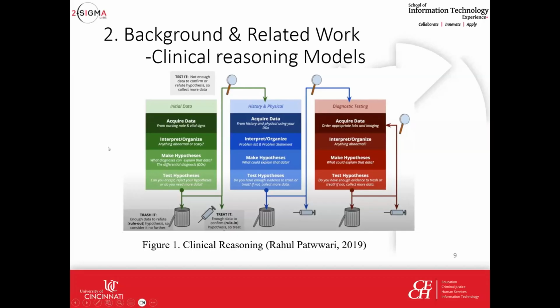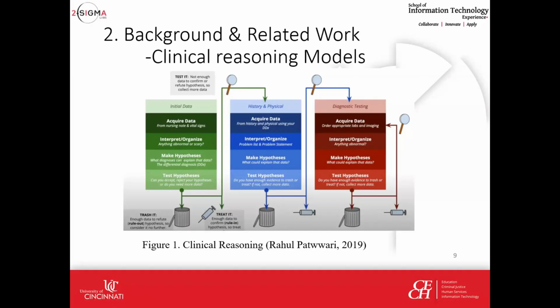Imagine we are a patient. When we visit a doctor, the doctor usually collects several pieces of our personal data. First, there may be some initial data from the nurse, such as your blood pressure or your temperature. Then they will give a hypothesis. Sometimes we just have a cold and some symptoms, so we know it will be a cold.